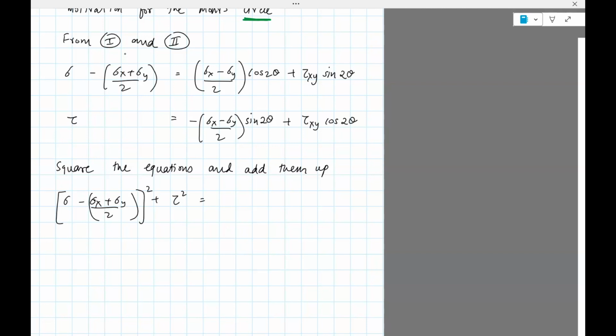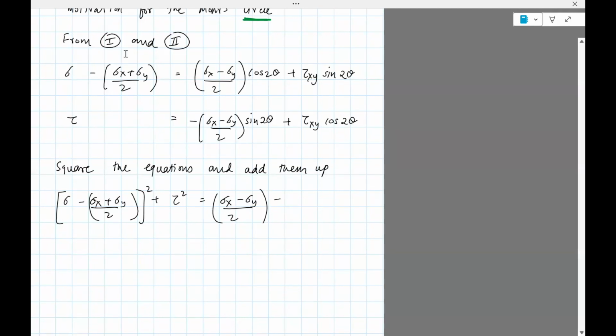You know the identity sine squared theta plus cosine squared theta is 1. You'll see it comes out in that form, and you can try that by yourself. I won't spend time doing that, but the right-hand side gives you something which is not a function of theta anymore.